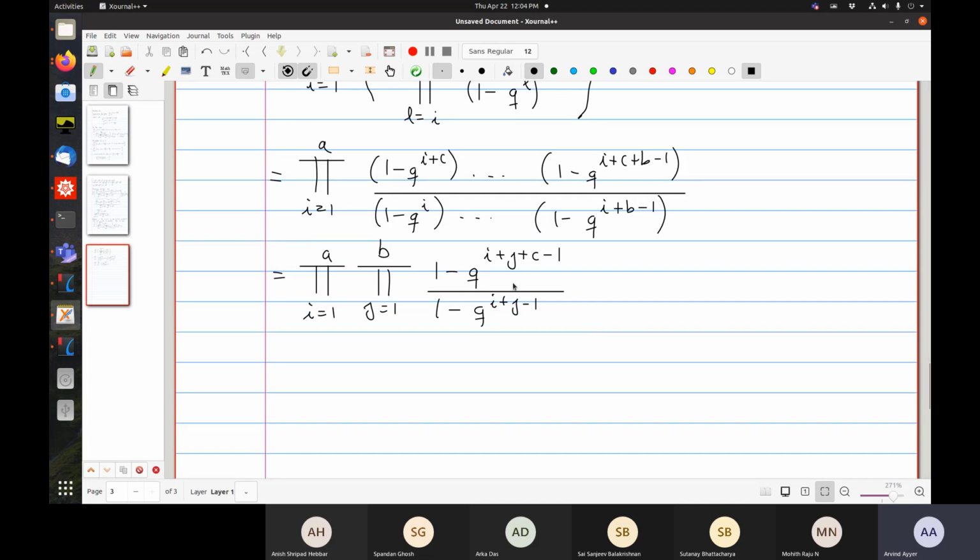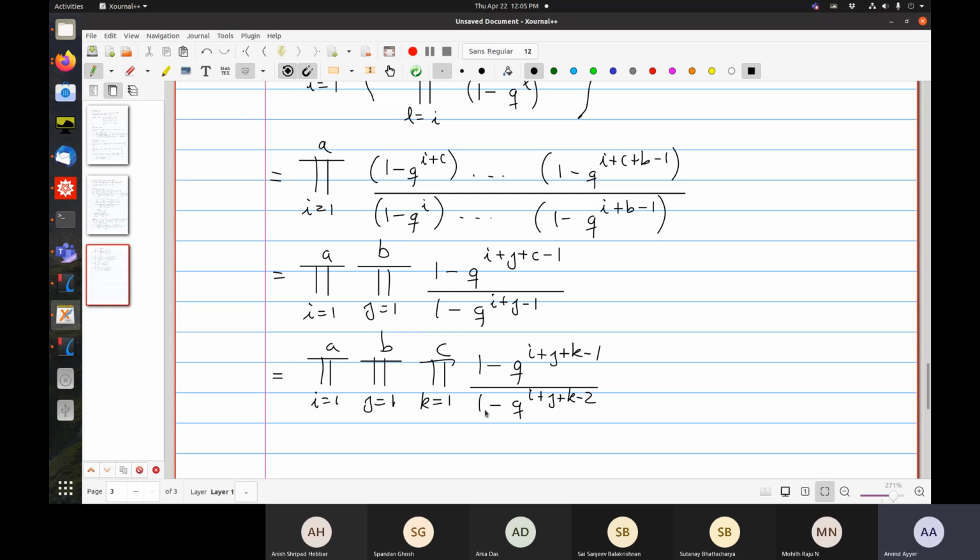Okay, but this you can think of as a telescopic product. So I equals 1 to A, j equals 1 to B, k equals 1 to C, 1 minus q to the I plus j plus k minus 1 over 1 minus q to the I plus j plus k minus 2. So if you just think about it, this is like a telescopic product.